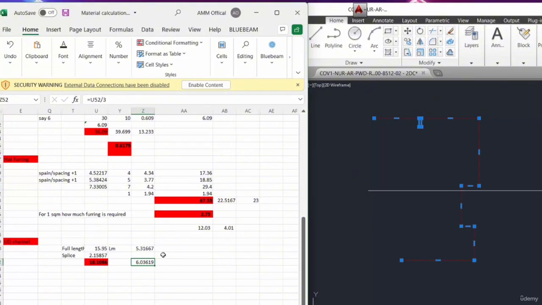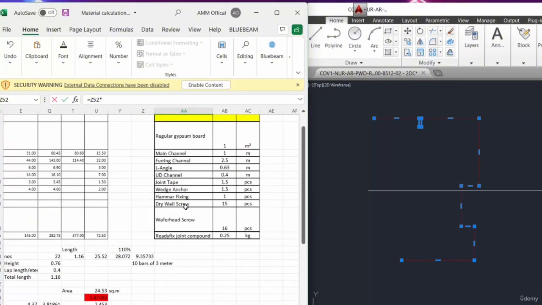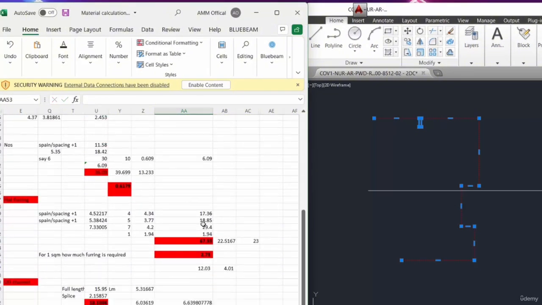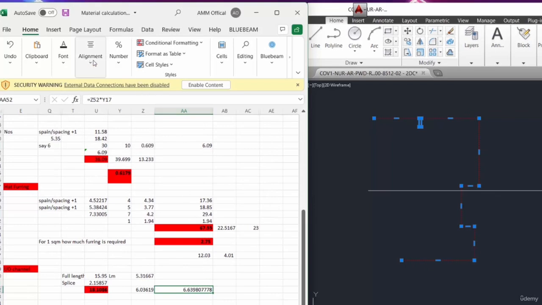Okay, so this is the quantity, and in the second step, it is the same for every item: just multiply with 10% as a wastage. Now we can say we need at least 7 UD channels in order to cover this 24.36 square meter area.